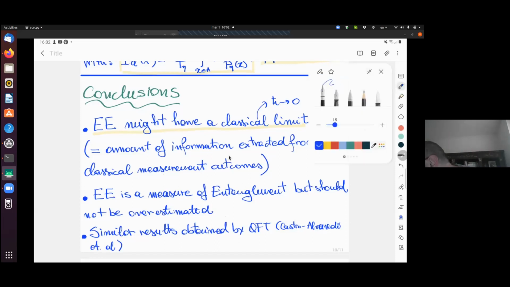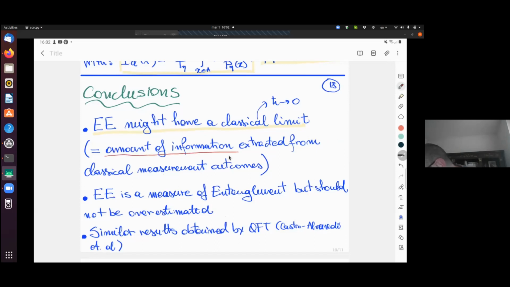So the Shannon entropy is nothing but the amount of information that can be extracted from classical measurement outcomes. It's not surprising that this limit is finite.